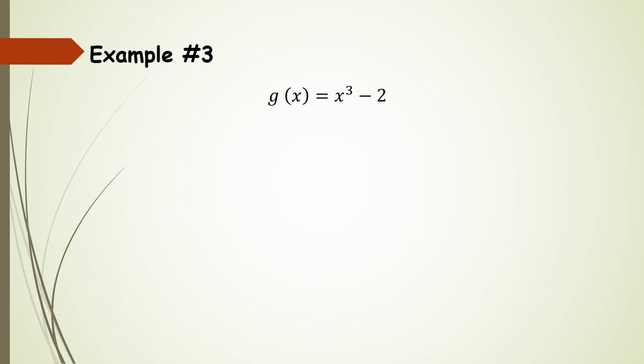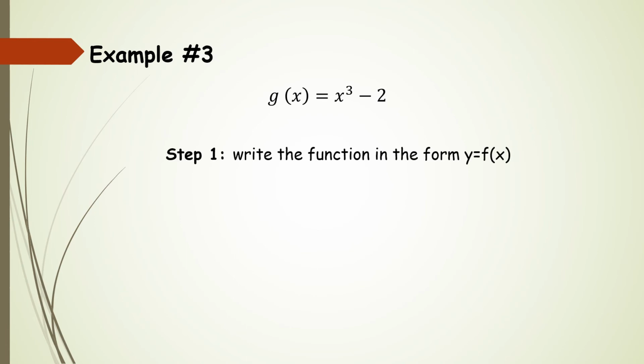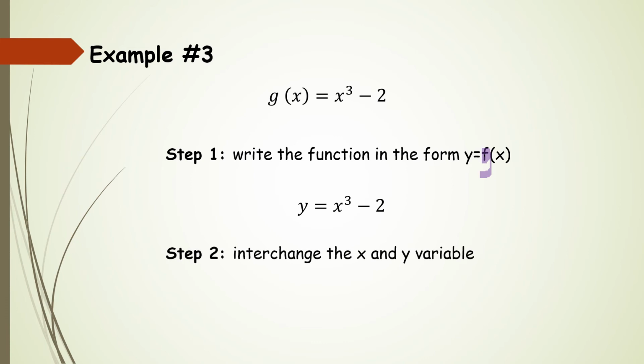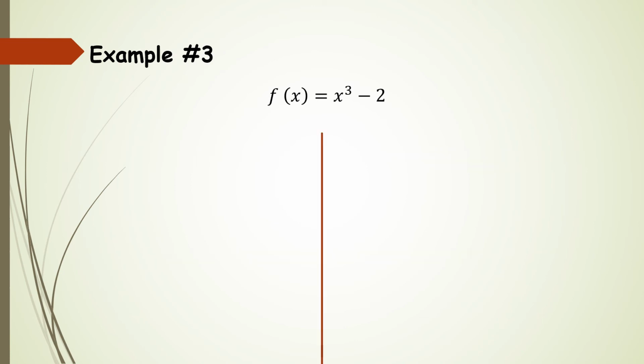Example number 3, we have g of x is equal to x cubed minus 2. Step 1, write the function in the form y is equal to g of x. So we have y is equal to x cubed minus 2. Step 2, interchange the x and y variable. So we have x is equal to y cubed minus 2. Step 3, solve for y in terms of x.